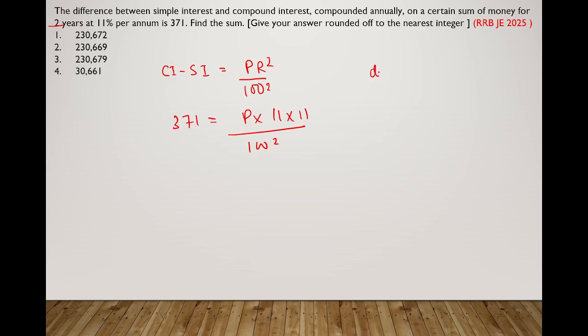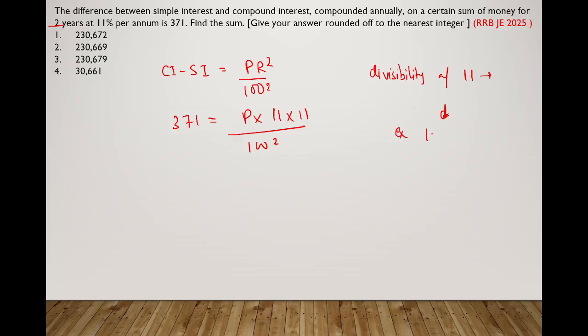So is this divisible by 11? Divisibility of 11 means the difference of the sum of even place and odd place will be 0 or a multiple of 11.